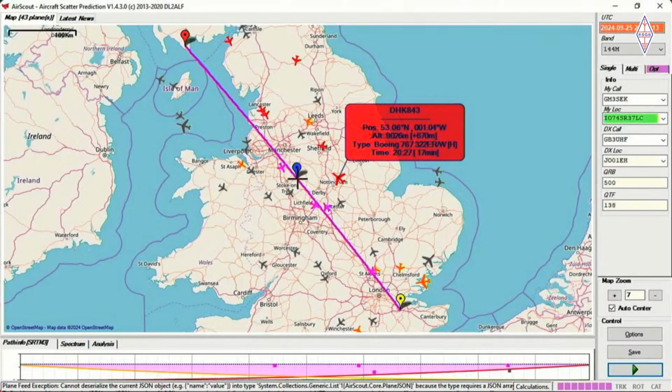two stations. So there's a lot of useful information there which you don't get in the same way from things like Flight Radar.